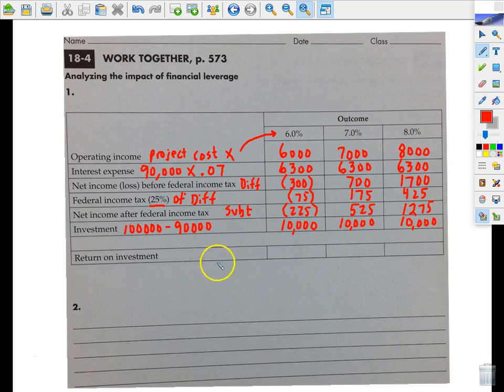Okay, so return on investment is calculated as follows. It's net income after tax divided by the investment.